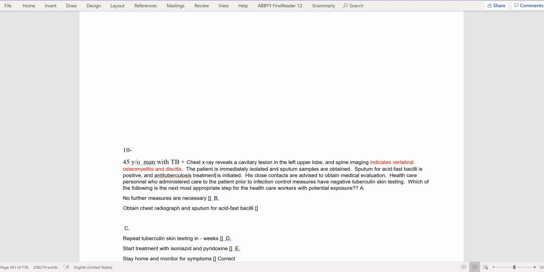So what should you do right now? The best thing to do is repeat the tuberculin test in 8 to 10 weeks. That's the best thing to do.